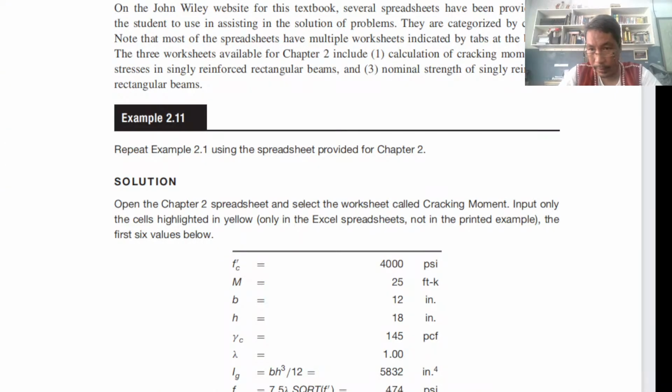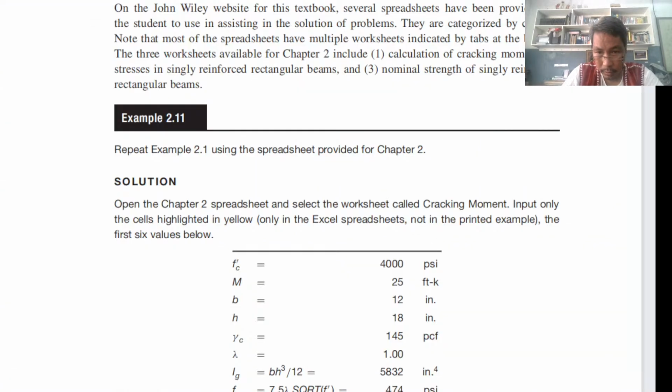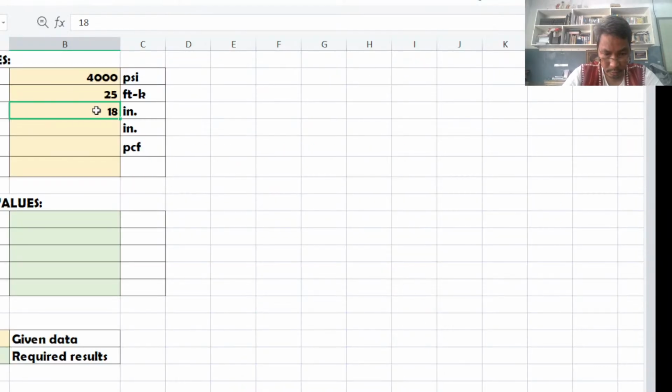So, for example, let us input the following given. What are the given values? 4,000, 25, 12, 18. Are we okay? 4,000, 25, 12, and 18.